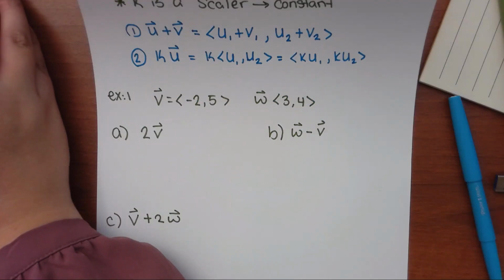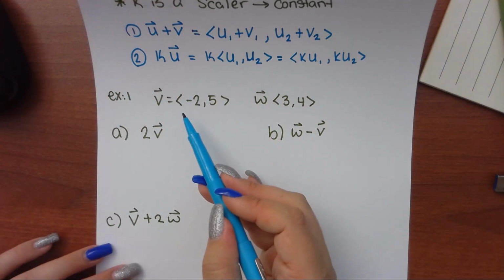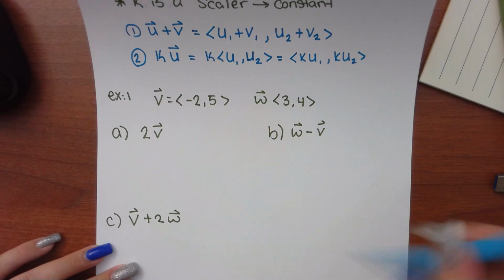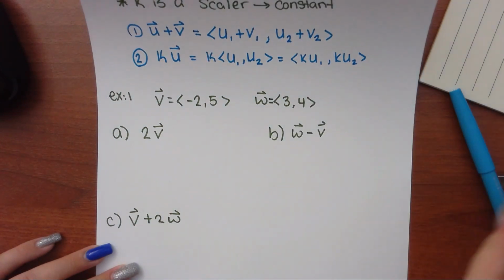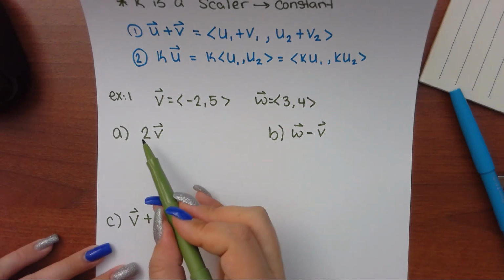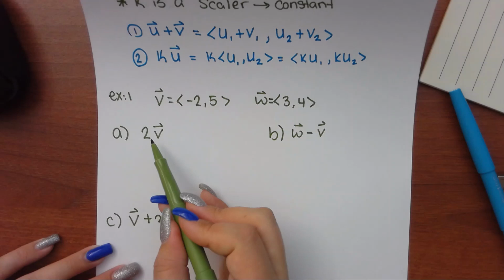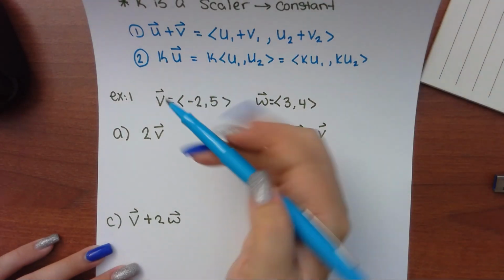Okay, for this example, I have two vectors again. I have v, which is negative 2, 5, and w, which is 3, 4. For this one, I have three things that I want to do with it. The first one is 2 times vector v. That would be kind of like our k times u up here. So we're going to take 2 and we're going to multiply it to vector v.